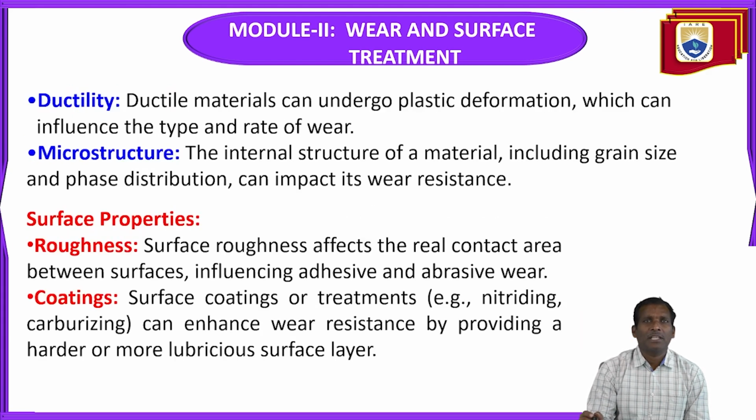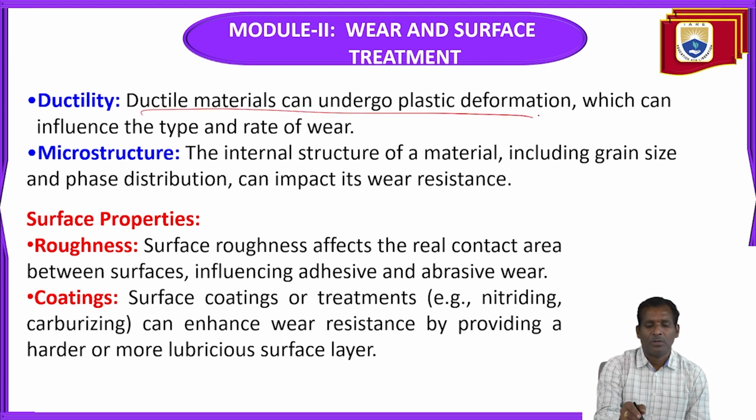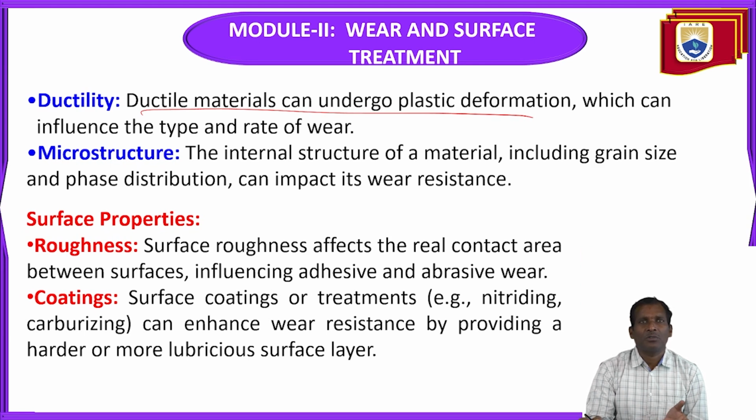The next property is ductility. Ductile materials can undergo plastic deformation. Already you know about this ductility property; this is also a mechanical property. These materials can undergo plastic deformation, which can influence the type and rate of wear. Due to the ductility property, yield stress will be developed in the material, which leads to plastic deformation, so it influences the type and rate of wear.